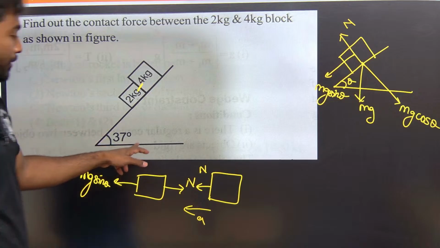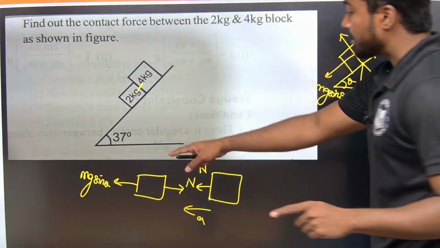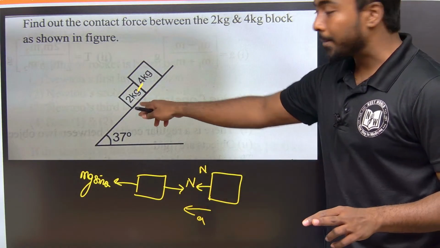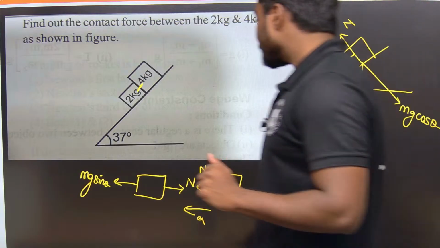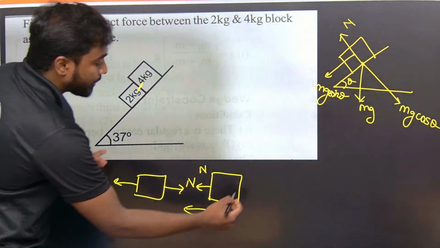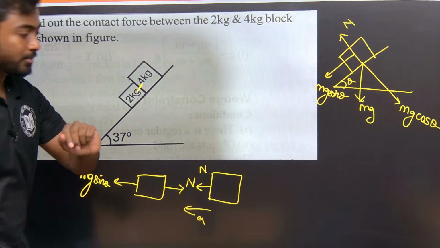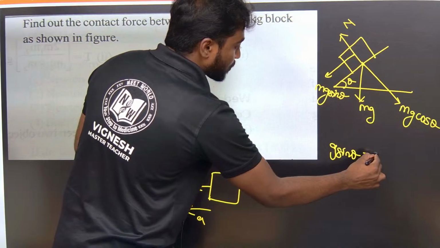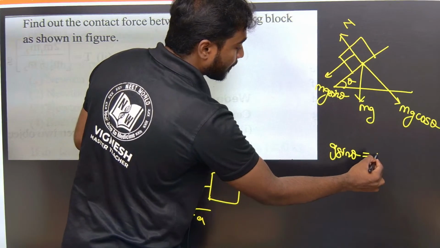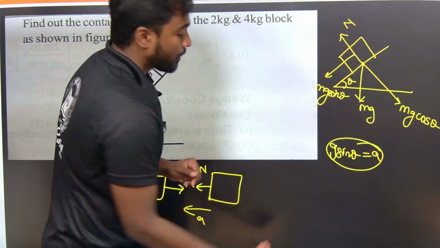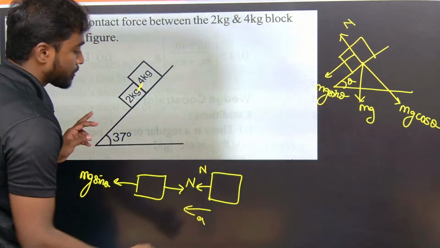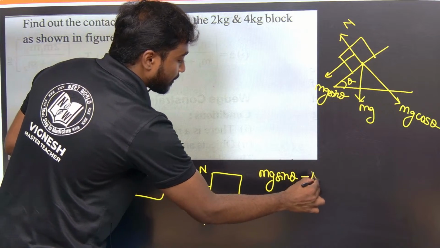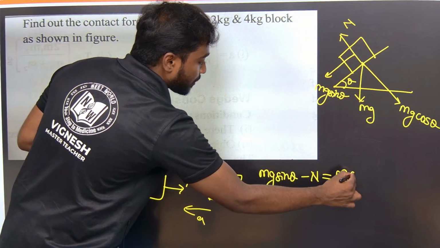Theta is given as 37 degrees, so mg sin 37 minus N equals m into a. Here we know that acceleration a is nothing but g sin theta. So I can find here mg sin theta minus N is equal to m into a.